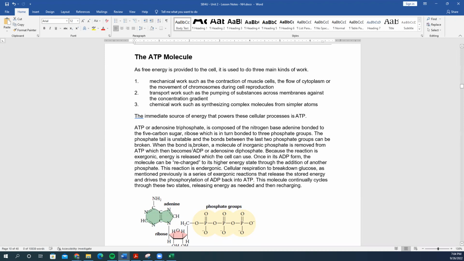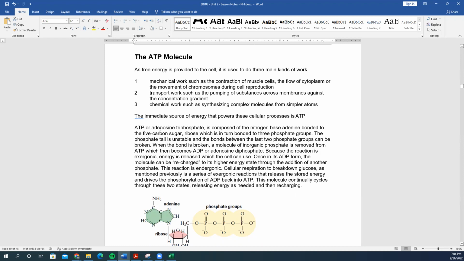Yet another type would be chemical work, such as when you're making, synthesizing, creating, building these complex molecules from simpler molecules, from simpler atoms. And ATP is that immediate source of energy. It is the molecule that powers all of these cellular processes that we talked about.